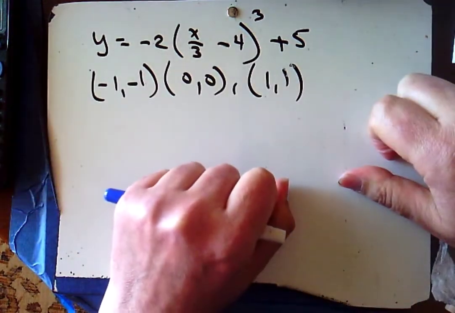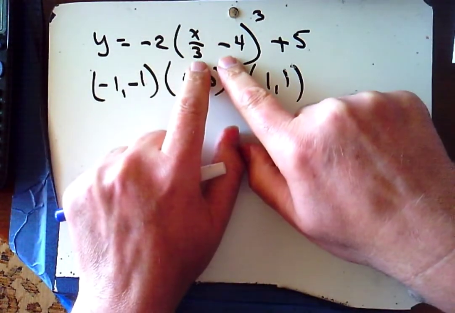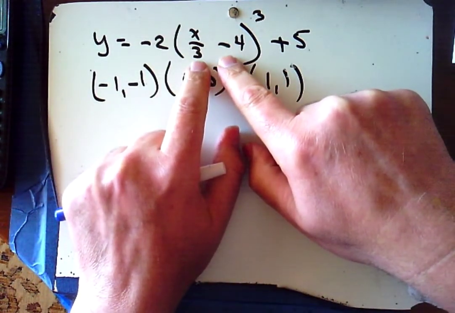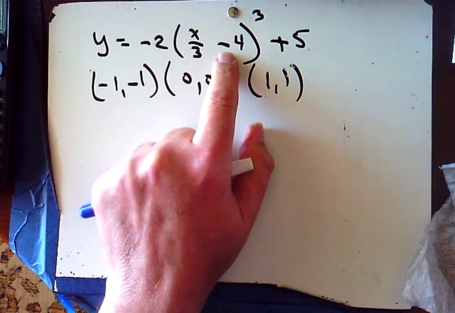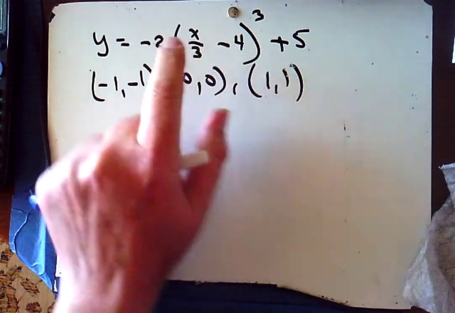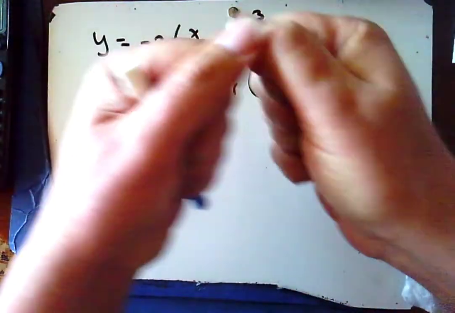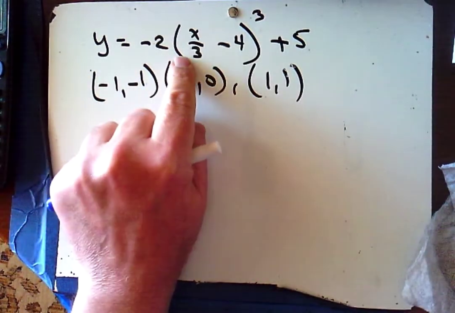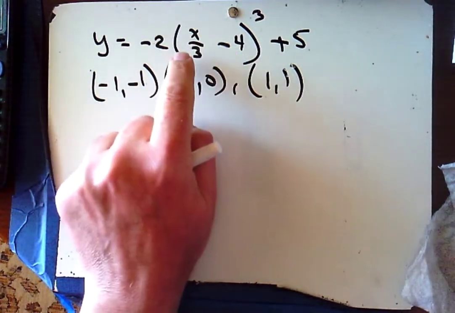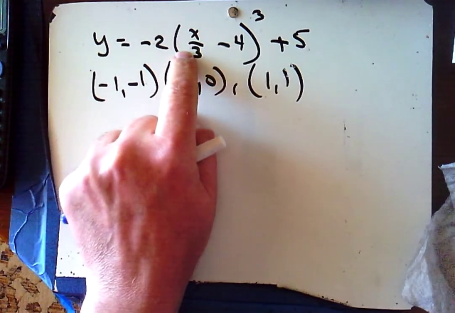5 to the y's. Inside, I see 2 more transformations. These are x transformations. I follow SADMEP here, which means I need to shift the graph right 4 and then horizontally stretch the graph by a factor of 3. So I'm going to add 4 to the x's and then multiply the x's by 3.